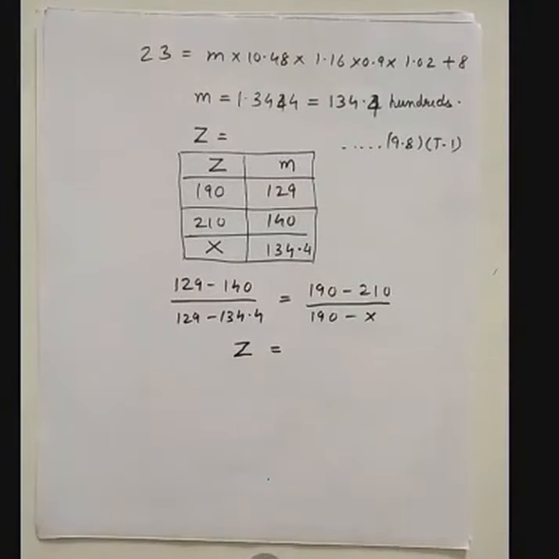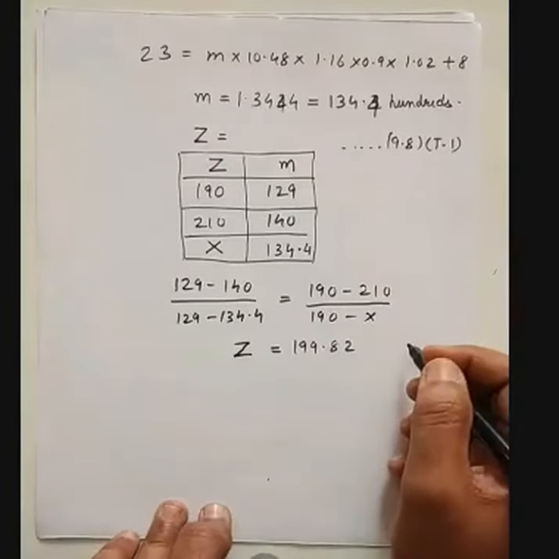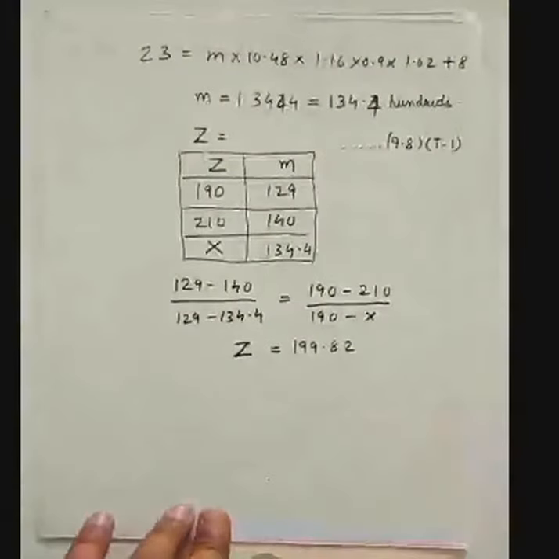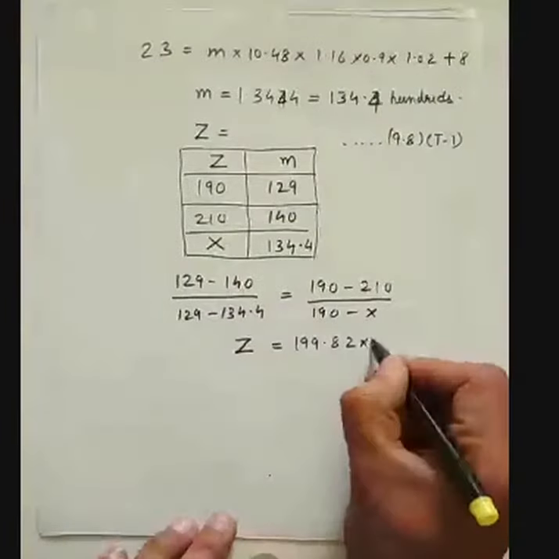This is how we do interpolation. 199.82. The unit of this Z must be in thousands. In thousands, that means 10^-3 will come here.